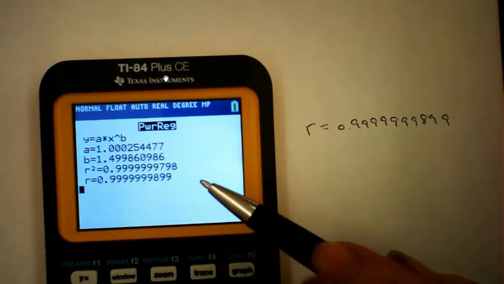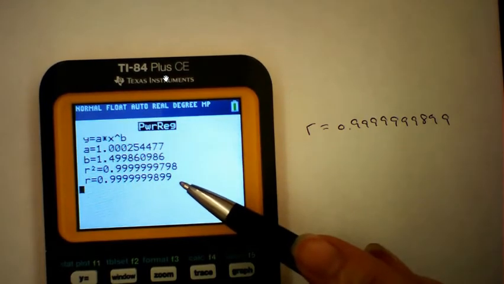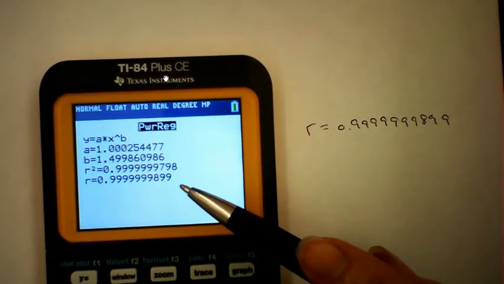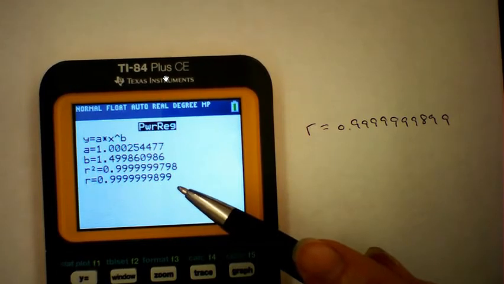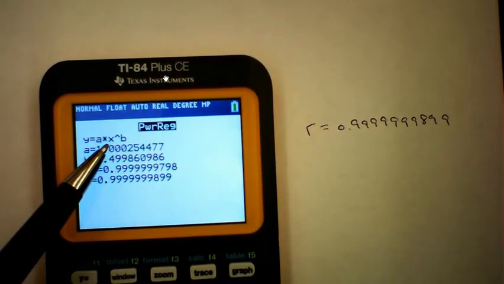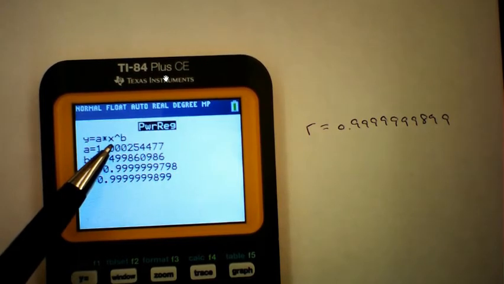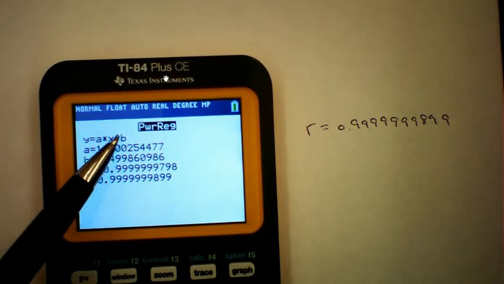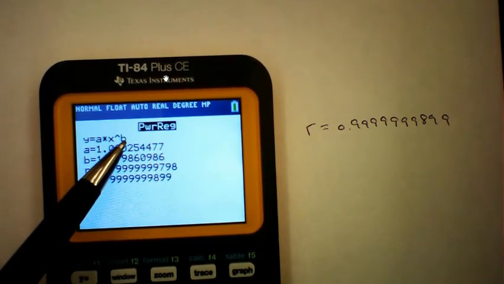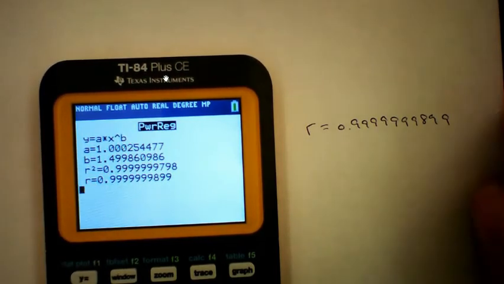And so as you can see, I get the same R value because the calculator is actually doing the transformation in its little calculator brain. But the format of a power regression is slightly different than an exponential regression, because in a power regression, the X is going to be the base, and it's going to have a power on it, instead of an exponential regression, where your X is your exponent.